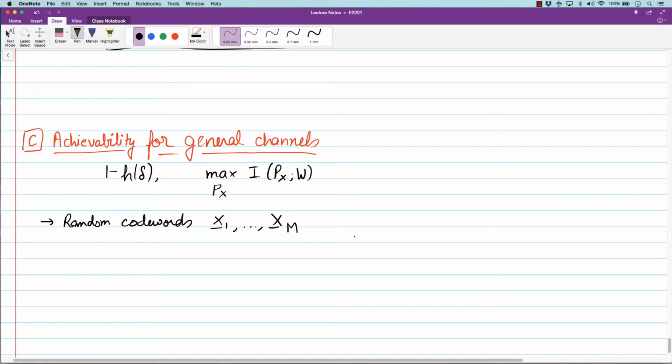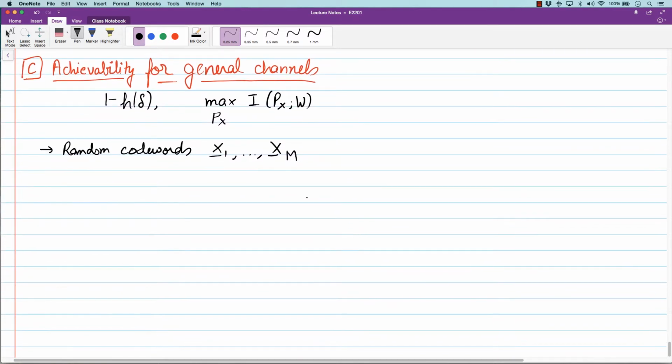For each m, we checked if the Hamming distance between the received vector y and the codeword xm is less than rho or not.